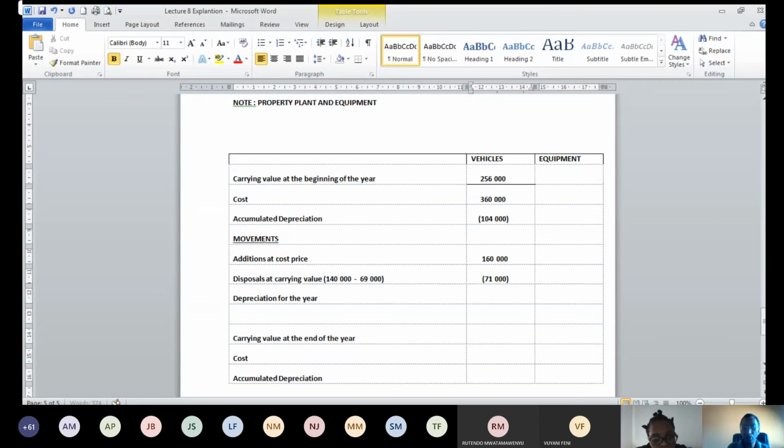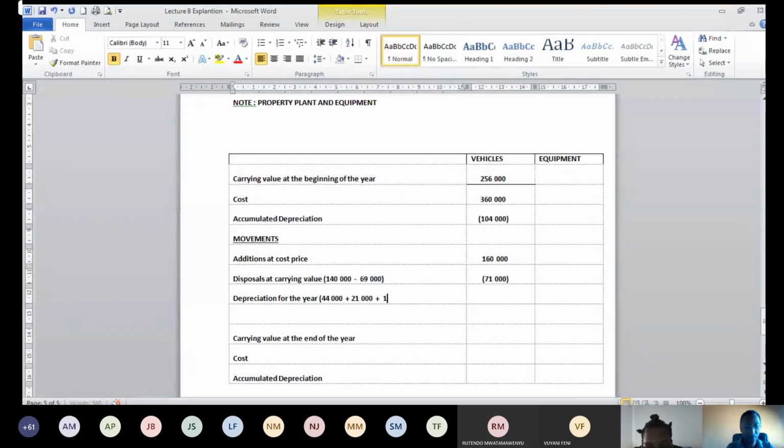We also want to know what is our depreciation expense for the year. Remember our depreciation expense now for the year, it was the 44,000 Rand on our old or remaining vehicles. We also had 21,000 Rand of depreciation on the asset that we used for a further 9 months, the one that we sold.